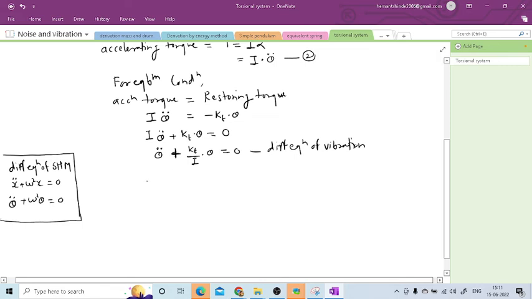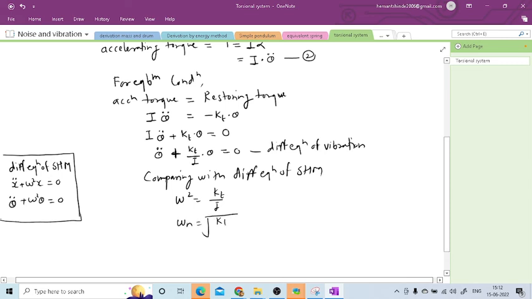So after comparing with the differential equation of SHM, we can directly write omega square is equal to kt by I. Take the root, so omega n is equal to root of kt by I. This is nothing but the circular frequency.